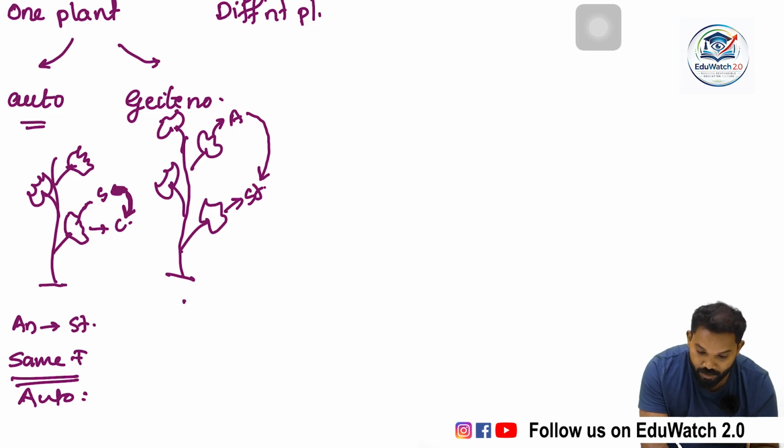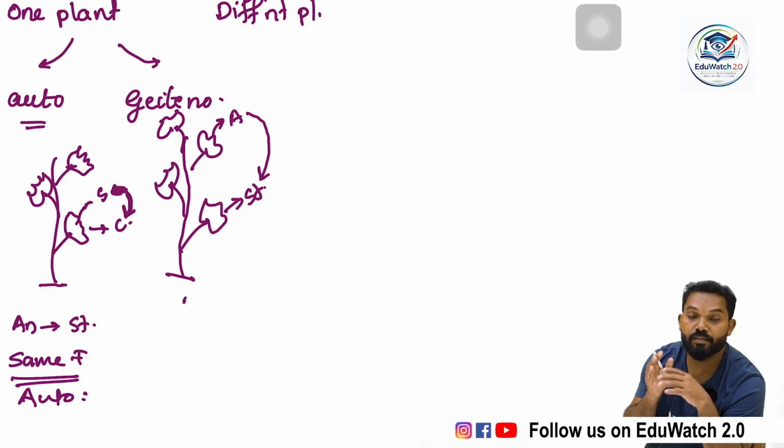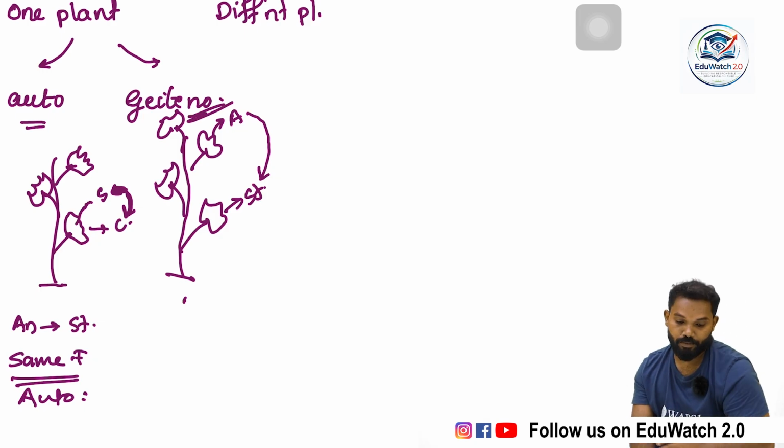There is one plant, but pollination takes place between different flowers of the same plant. That process is known as geitonogamy.